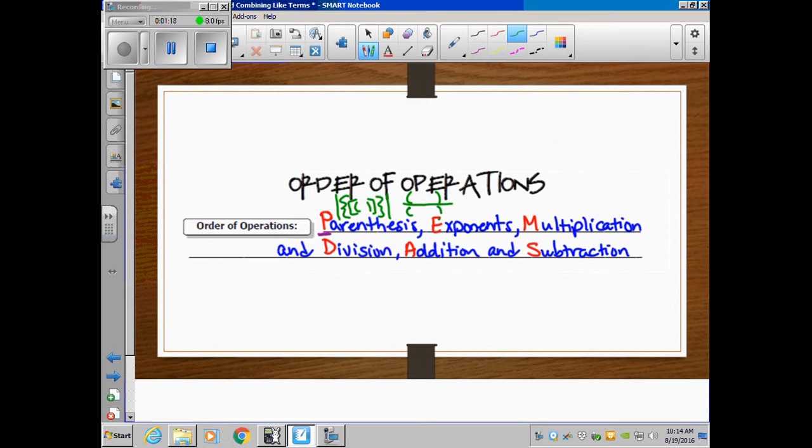After we do everything inside parentheses that we can, or any grouping symbol, we move on to exponents. All right, so exponents are next. Once you've finished with the parentheses, you calculate the exponents. Once they're done, then you look for the multiplication and division. Multiplication and division are not in any specific order.